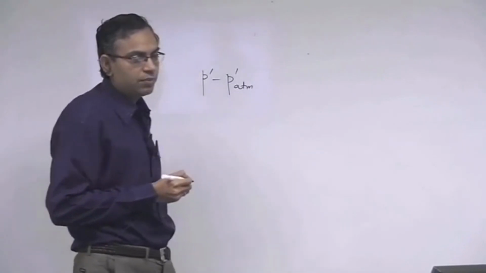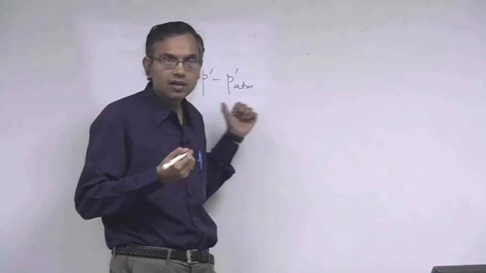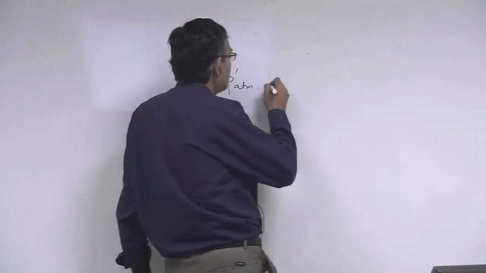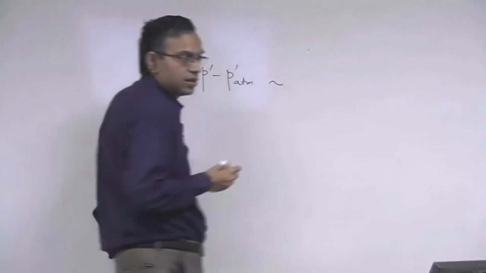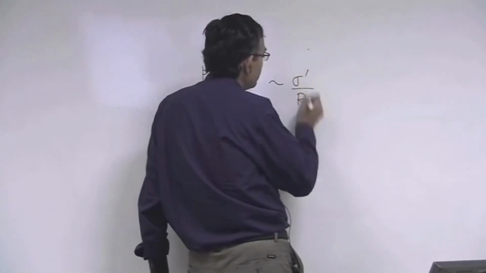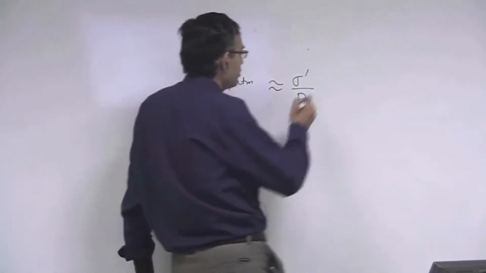We have seen that the minus tau dash dot n term in terms of order will be one order less important as compared to the P minus P dash term. So we will just keep this as it is, say this will be roughly sigma dash by r.